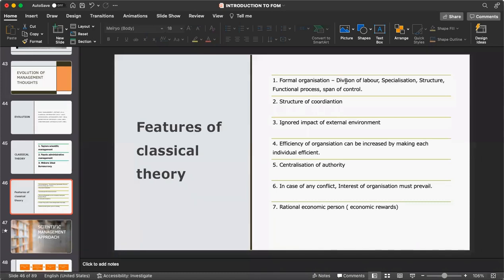For example, the admin department has a different requirement of labor, and the marketing department has a different requirement of labor. My point is that as per the skill set, knowledge, and experience of a particular individual, you need to divide your labor into a certain department where he or she can perform with the best possible efficiency and effectiveness.